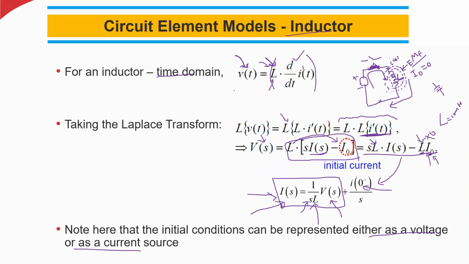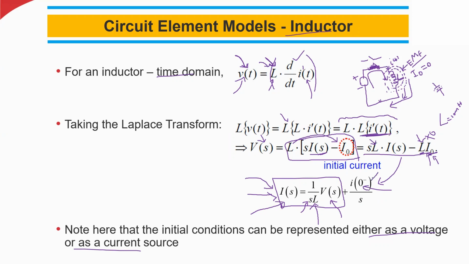That is the voltage applied to this inductor, and the current flowing through the inductor, with L the inductance value. If you convert into the S domain, the inductor is always with respect to the current flow. So I(s) is equal to 1 divided by sL times V(s). This is how we represent the current across the inductor in the S domain.